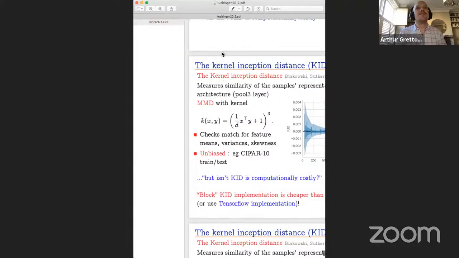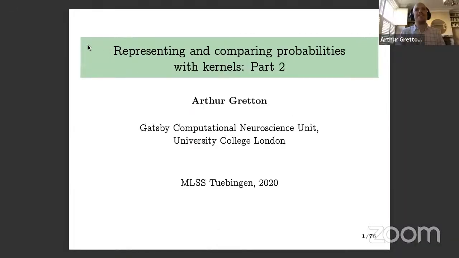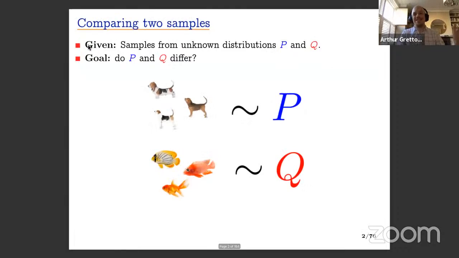Okay, now how about now? Perfect. So Adobe doesn't like the screen.